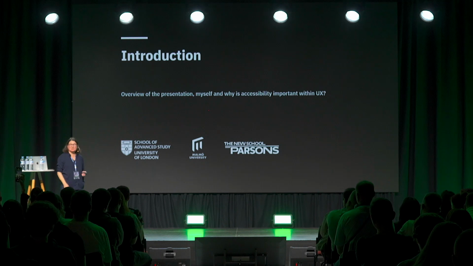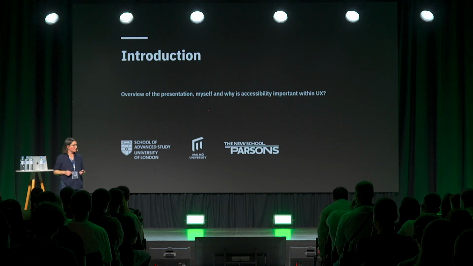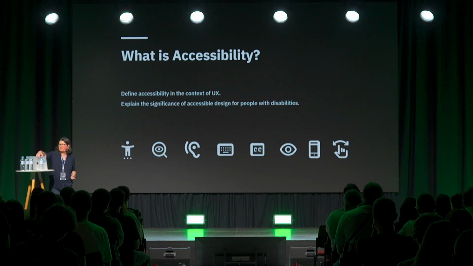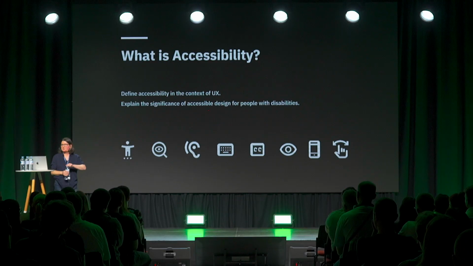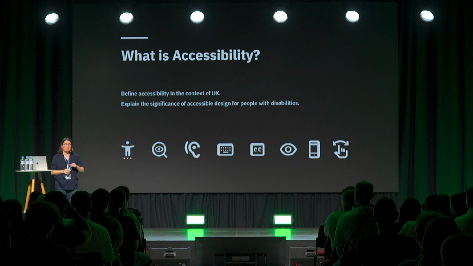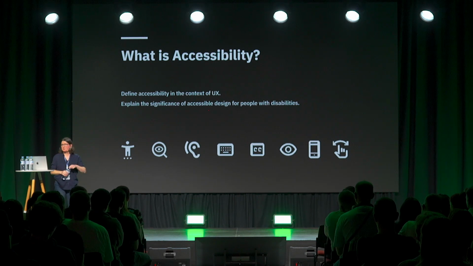Let's first understand what we mean by accessibility in the context of UX. Accessibility encompasses design principles and practices so that our digital and physical products can be used by all people with all abilities and disabilities.